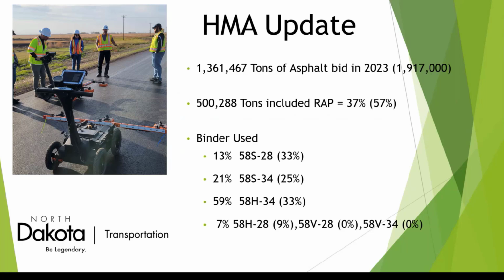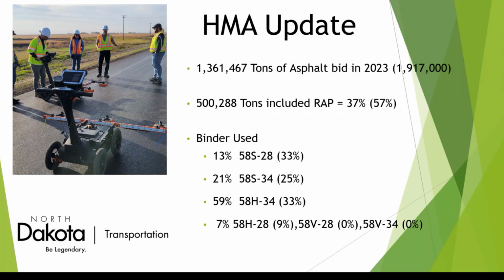Again, because thermal cracking is one of the preeminent distress things that we see in our pavements, and thermal cracking leads to a lot of issues down the line from a maintenance, crack sealing standpoint, and a ride quality issue. And you can see that last catch-all, there was some 58V-34 last year, which there was none in 2022.